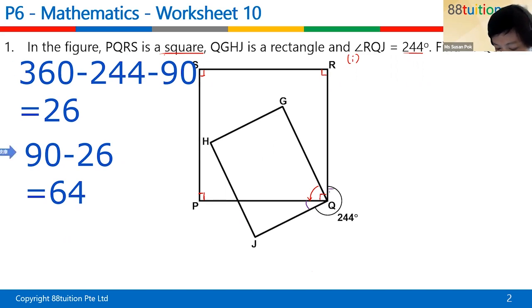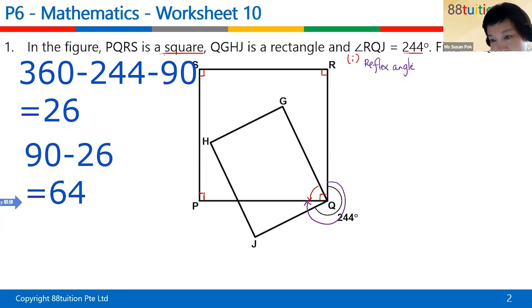So basically, I'm going to draw a whole angle here. Can I say this is reflex angle? I want to introduce you to something called reflex angle. Reflex angle means more than 180, so widely open.